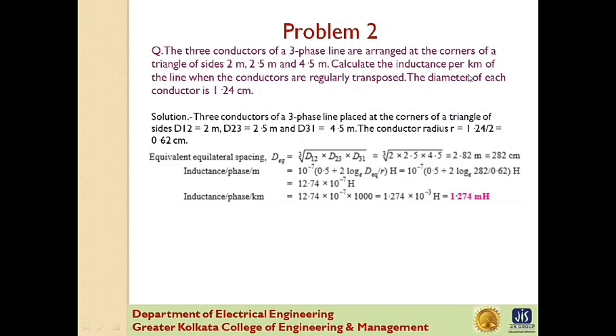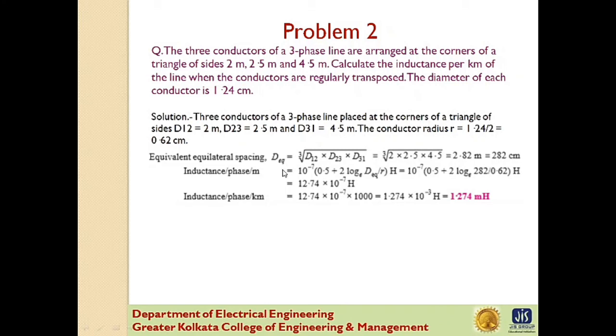Calculate the inductance per kilometer of the line when conductors are regularly transposed. The diameter of each conductor is 1.24 centimeter. So what is the equilateral spacing? The equilateral spacing is equal to the cube root of D12 D23 D31. Now the equilateral spacing is 282 centimeter.